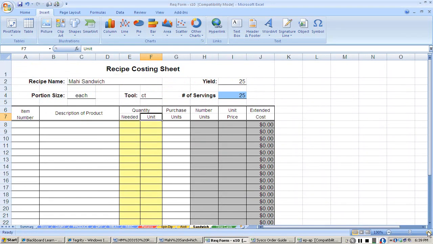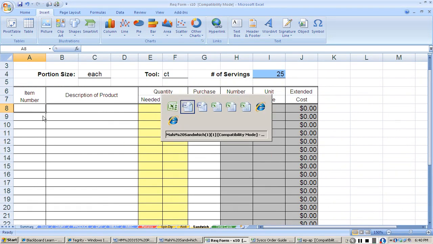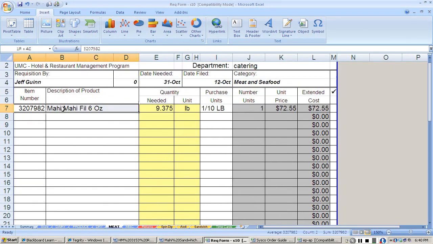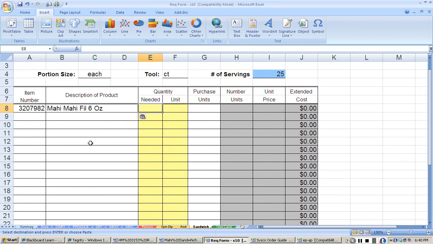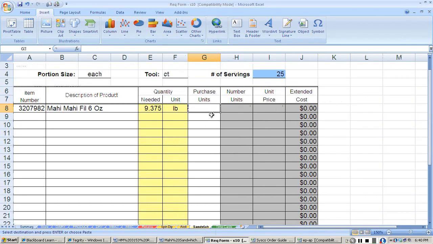Hopefully you put something in there, but like I said, I don't really grade that part. Alright, so we have the mahi fillet. This is our first one. So we go to the meats. 9.375 pounds is what we need. Purchase unit is 1/10 pound. And it's $72.55.